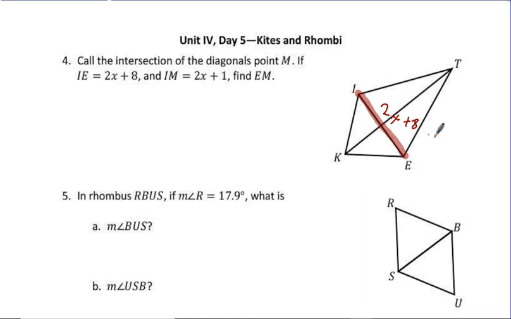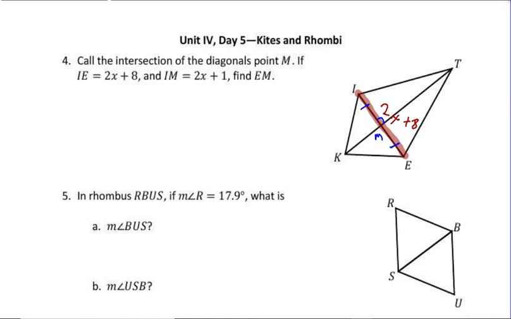And we're going to say that this point in the middle, where the diagonals intersect, is point M. This side is congruent to this side, and there's a 90-degree angle there. It's a perpendicular bisector.